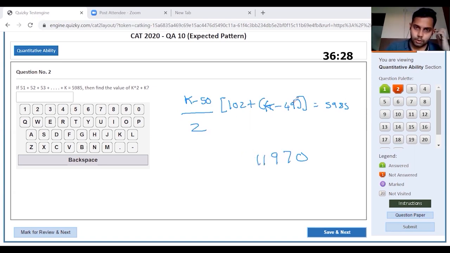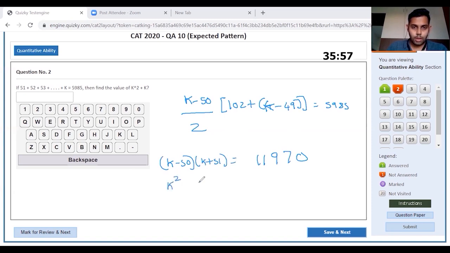And 102 minus 50 will be 52. So this will be plus 51. Right, 100 minus 40, 60. 62 minus 9 is 51. Perfect. So K minus 50 into K plus 51 is equal to this.